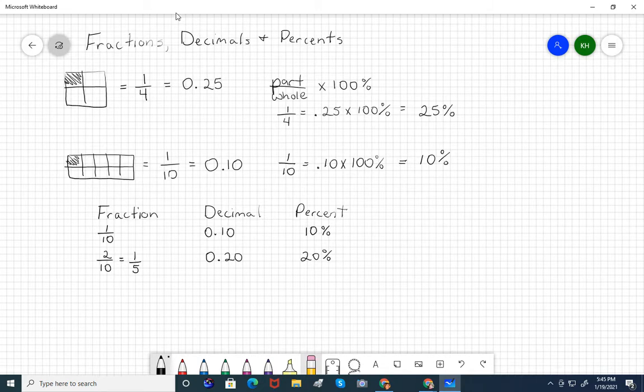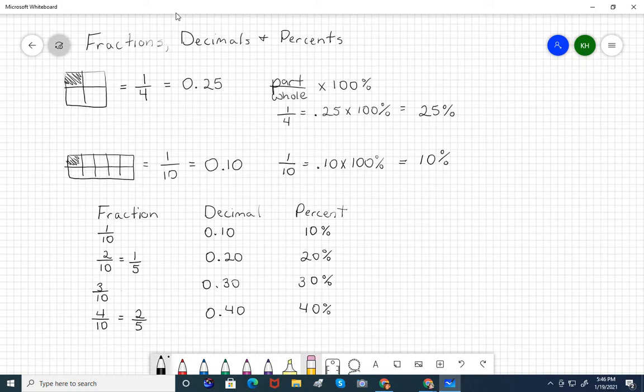Okay. 3/10, that one doesn't reduce, 0.30, 30%. 4/10 is going to reduce. 4/10 can be written as 2/5. Well, that's 40% or 0.40.